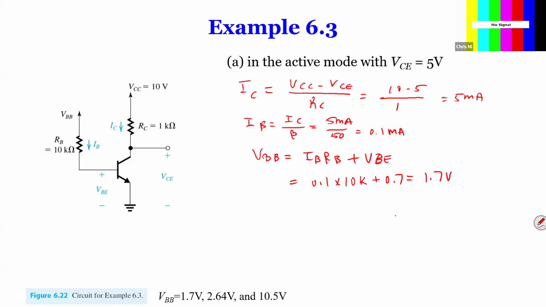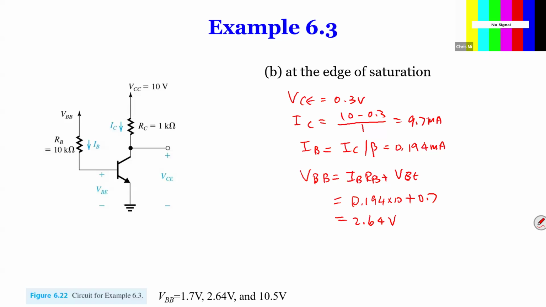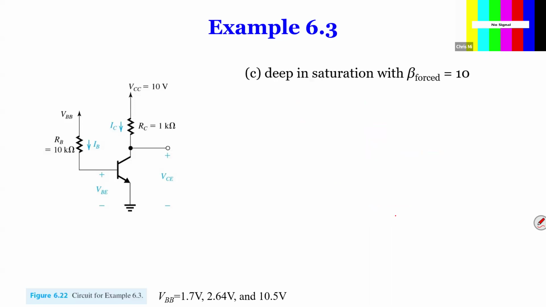The previous one we got was 1.7 volts, and now we got 2.64 volts at the edge of saturation. So you can imagine, as we go into saturation, the VBB needed is going to be more and more. Why? Because when VBB is small, IB increases. When IB increases, IC over IB becomes smaller.